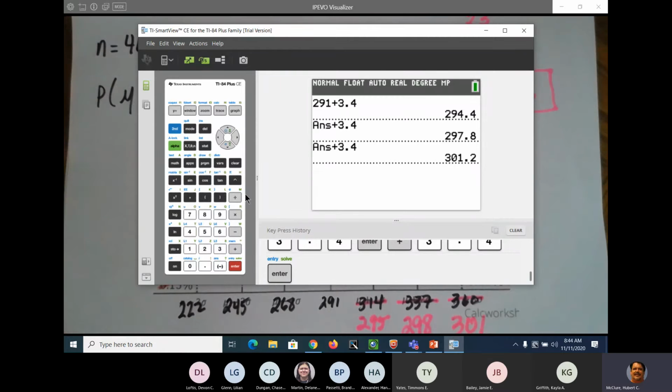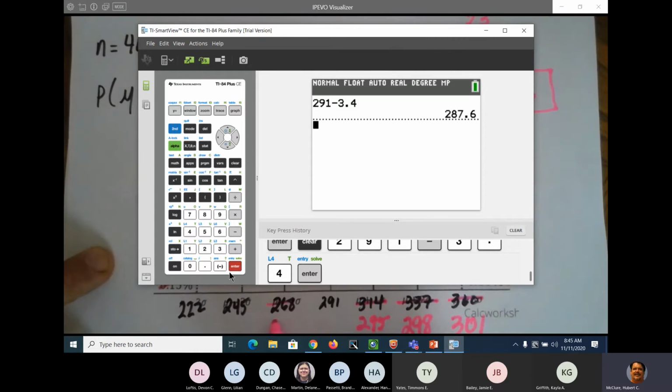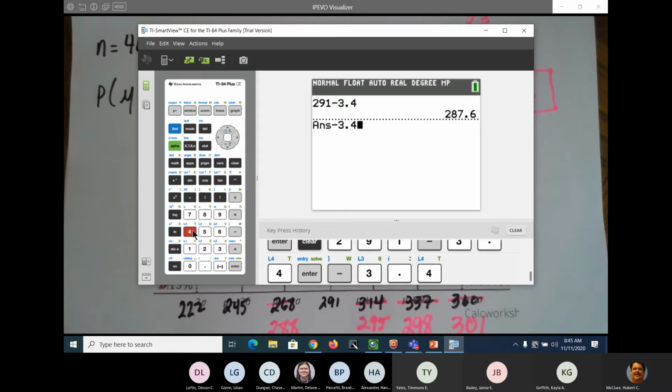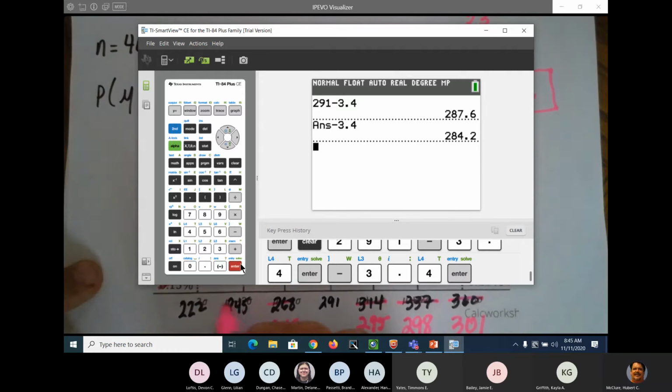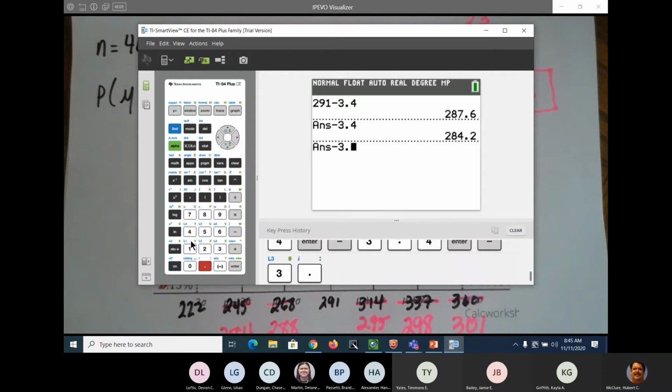And now 291 minus 3.4, 288, minus 3.4, 284, minus 3.4, 281.